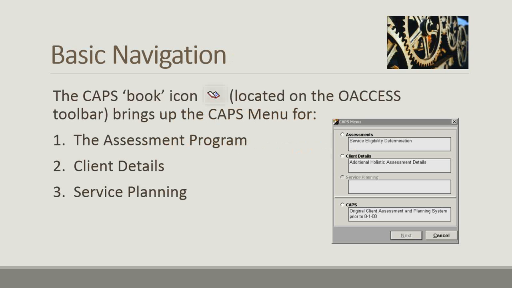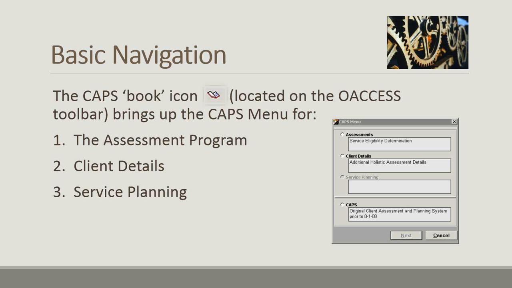If you've opened up an OPI case for that particular individual, and you look at the toolbar at the very top of Access, you will see the book icon. When you press on that, it opens up a CAPS menu that looks exactly as you see here on the screen. It will be a pop-up box, and you'll see three segments on it.